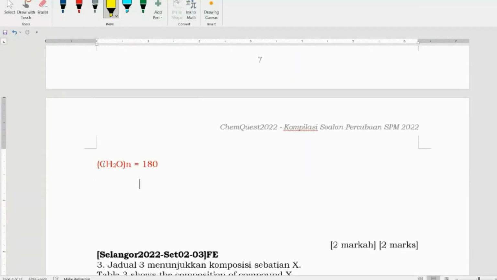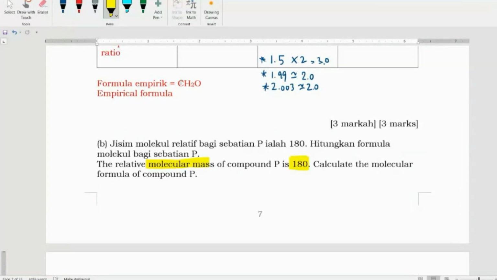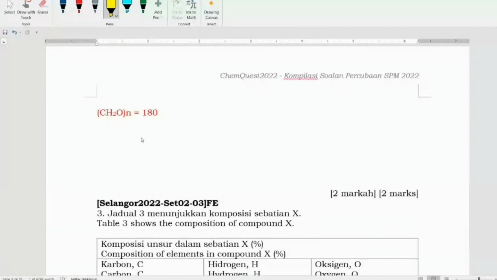This is the empirical formula you get from here, CH2O. This empirical formula times n equals 180. Please remember that. So your task now is to find the value of n. How to get the n?